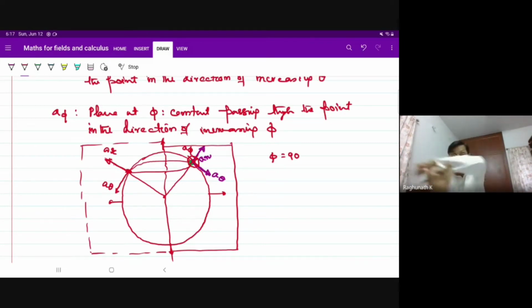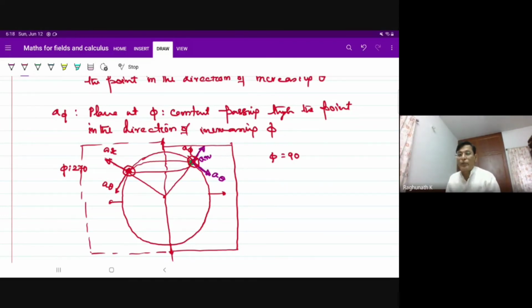If I rotate it a further 180 degrees, I will come to the left, and this is phi equal to 270 degrees plane. a_r is this, a_theta is this. Now a_phi is towards us, because phi increases towards it. This plane comes towards me if I increase phi, because I rotate it like this. It goes into the board to the right. It comes out of the board to the left.